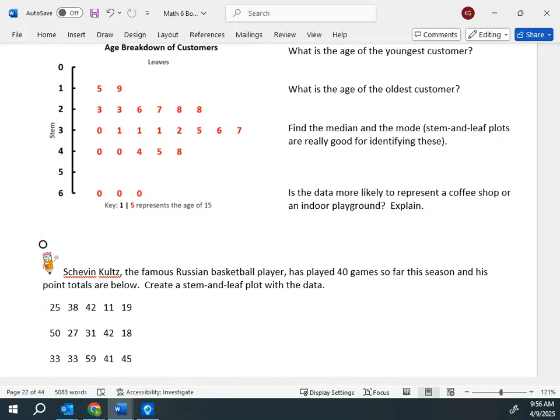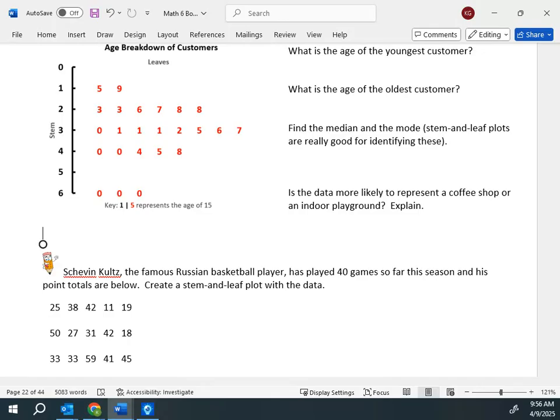Our first row has a stem of 0, and there aren't any leaves written. If the stem is 0, the leaves would be single-digit numbers. So that would be customers who are 1 year old, 2, 3, 4, 5, 6, 7, 8, and 9 years old. So there's no kids 9 and under that were customers.